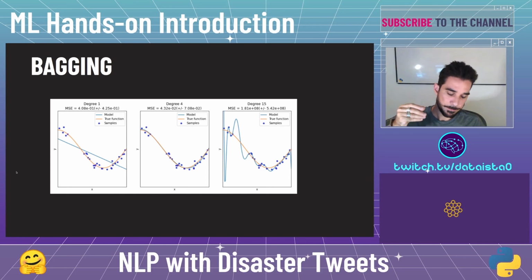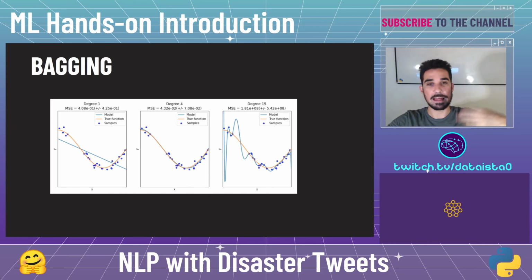So in this case, the model is too simple and it's not good enough to fit the training data. So it will have low training score and low validation score. It won't be able to fit the data it sees, and it won't be able to generalize to data it hasn't seen yet.